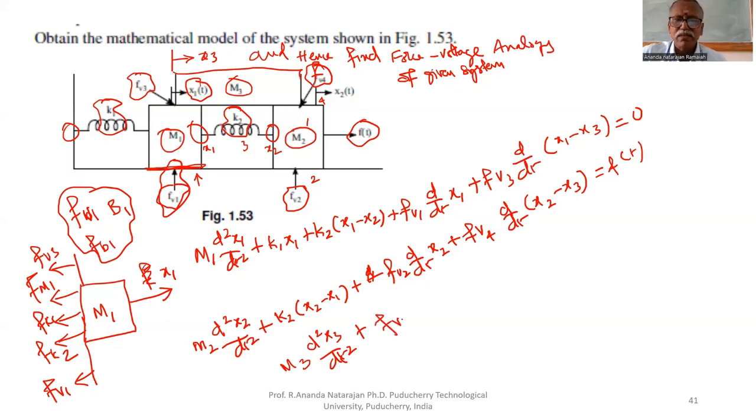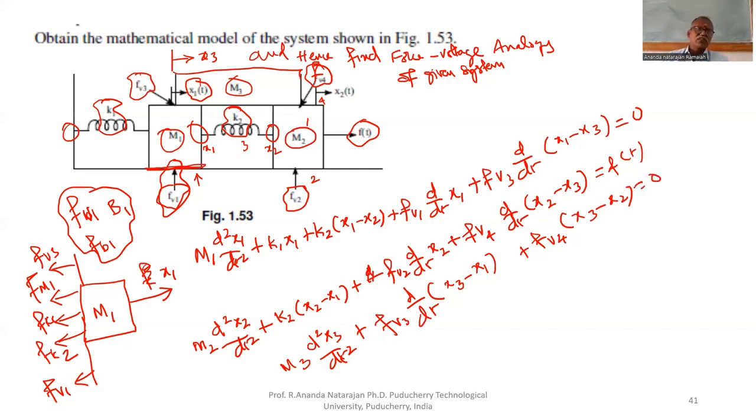So FV3 d upon dt of x3 minus x1 plus FV4 times x3 minus x2 equal to 0. No applied force. Only 3 reaction forces.